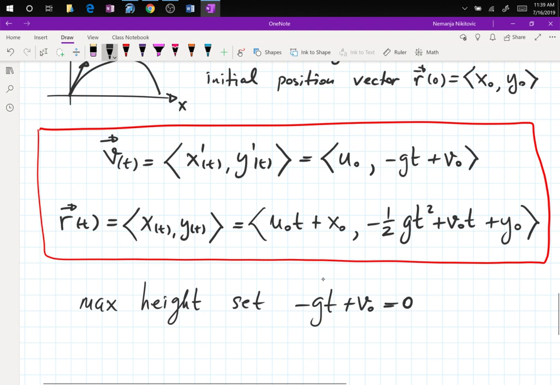Now, obviously, you can beat this if you are using escape velocity, right?